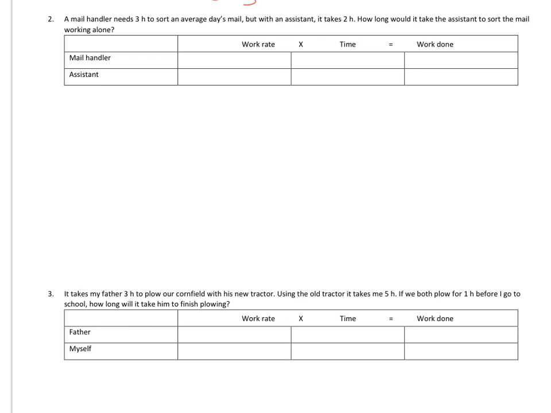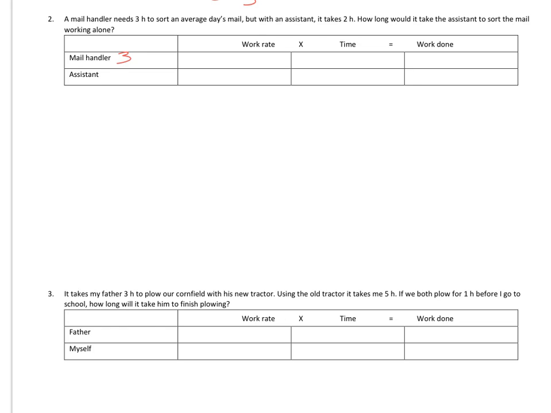So number 2 this time, we're talking about a mail handler. This mail handler needs 3 hours to sort an average day's mail. But with an assistant, it only takes 2 hours. I want to know how long it would take the assistant to sort the mail working alone. So if it's just the mail handler, it takes them 3 hours.